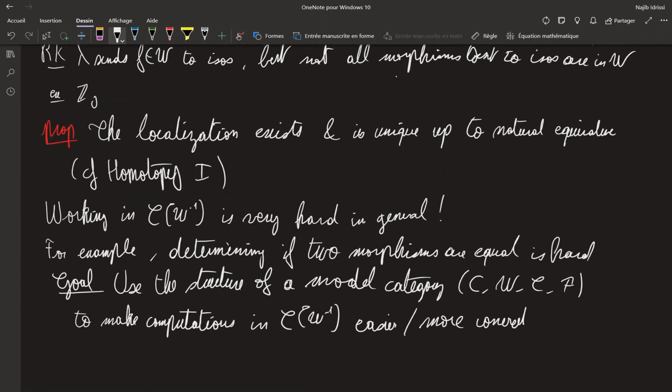So this is the goal for Monday. What we are going to do Monday is start with a model category. When you have a model category, you have this class W, and you can consider the localization. And this localization only depends on W. But to work with it, to actually make computations, we are going to use this auxiliary data, cofibrations and fibrations. Right?